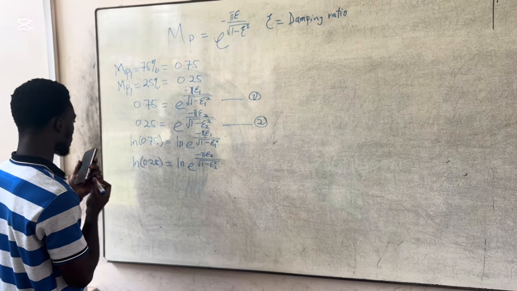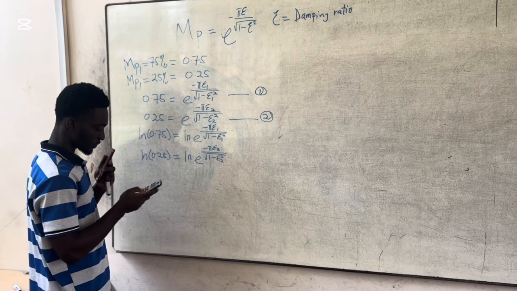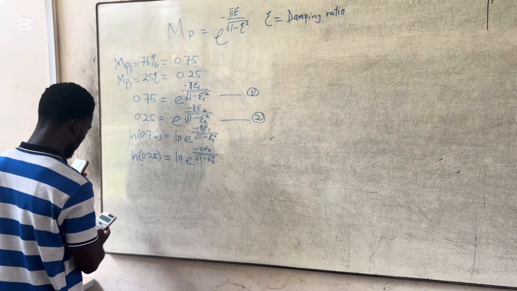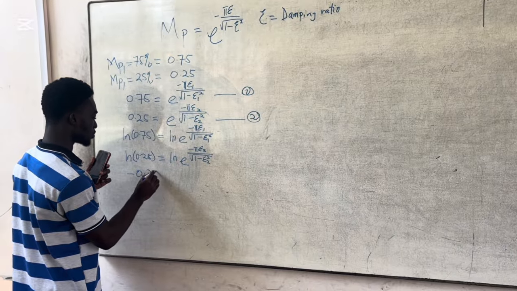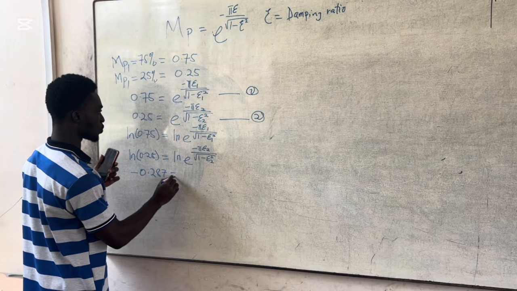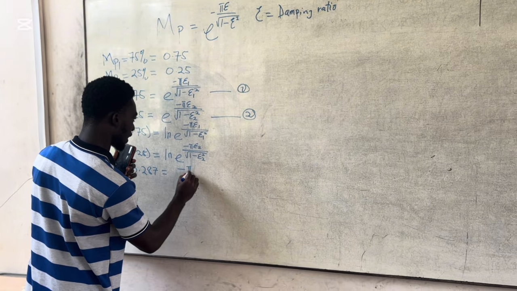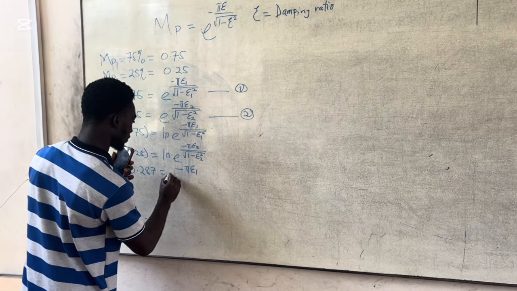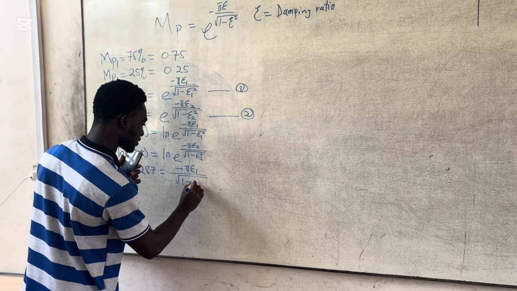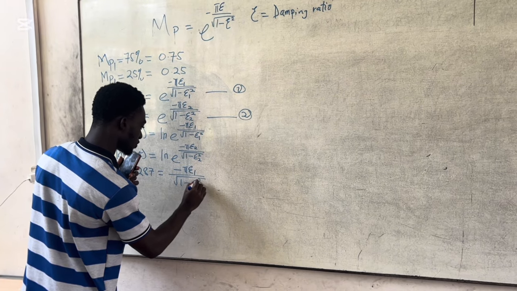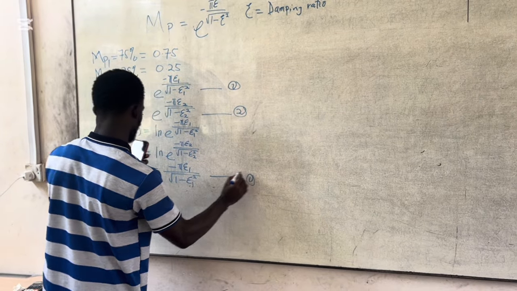So taking natural log of 0.75 gives us minus 0.287. So we have minus 0.287 equals minus pi, the damping ratio for the first case, and the square root of 1 minus the damping ratio squared. So this is for equation 1.